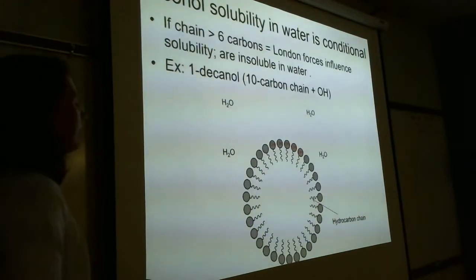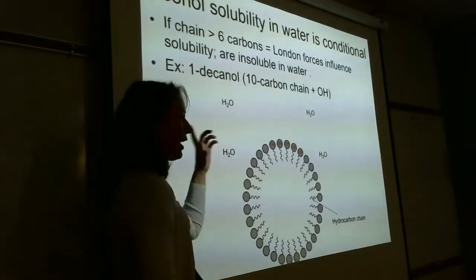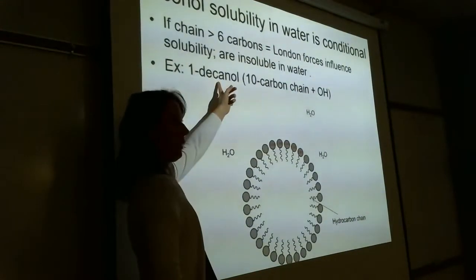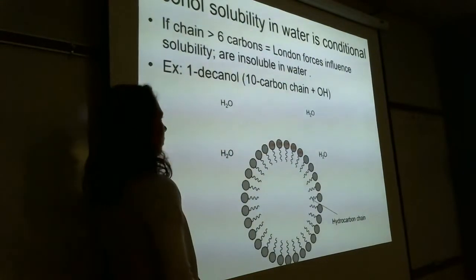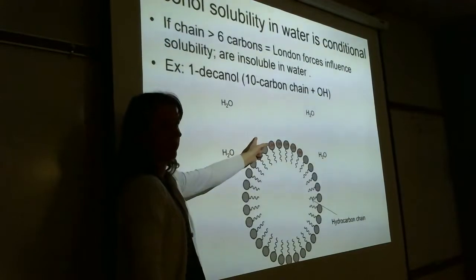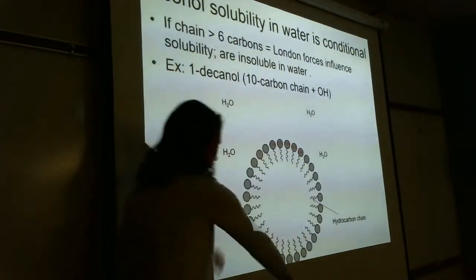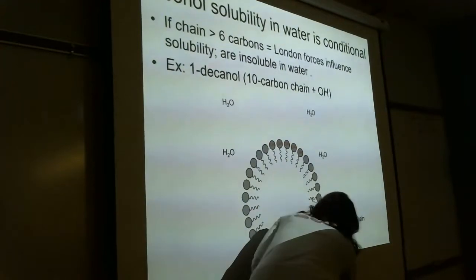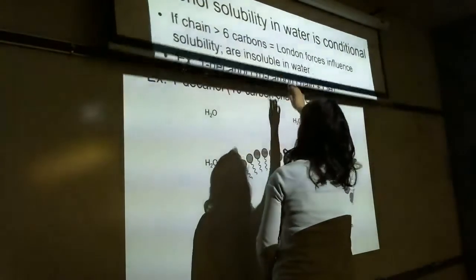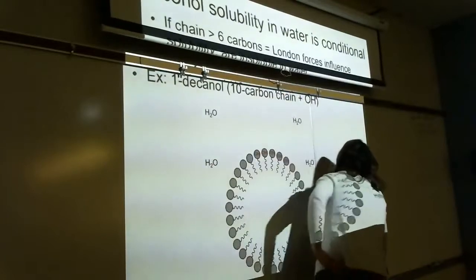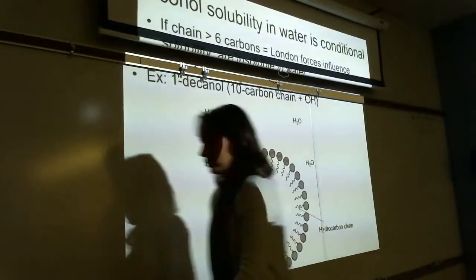This is what happens if the chain gets to be too long. You've probably seen this in your biology classes. If you take one decanol, that's a 10 carbon chain with an OH on the end, that 10 carbon chain is capable of some pretty serious London dispersion forces. Just sketch it out real quick.